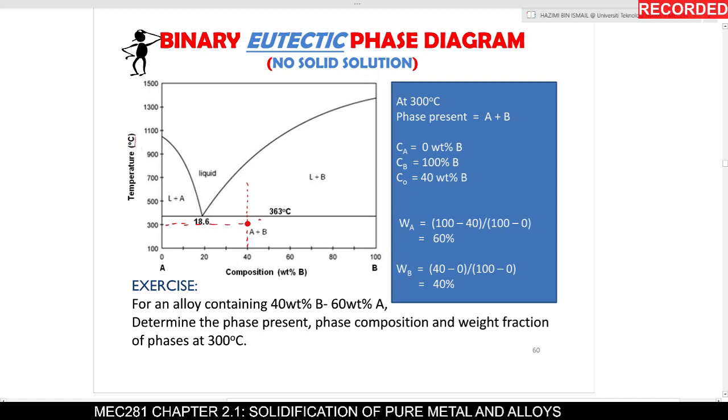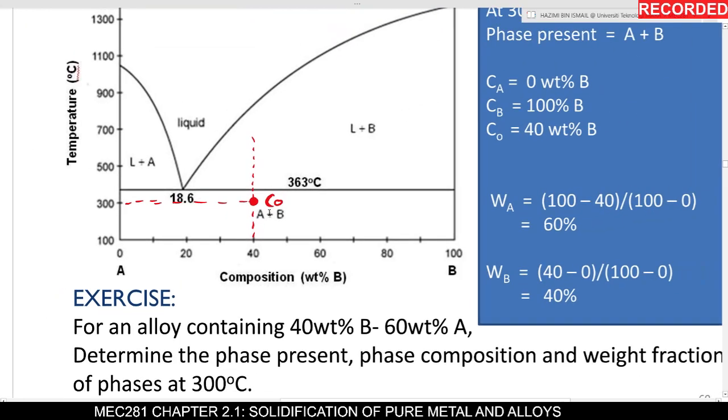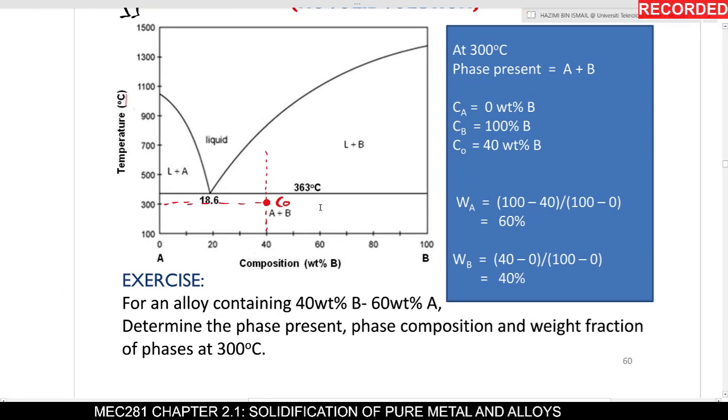Where it is situated right now, the point is on the solid alpha plus beta region, right? So just put your answer in this form. Phase present is alpha plus beta.